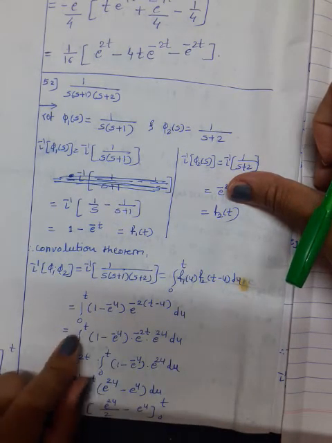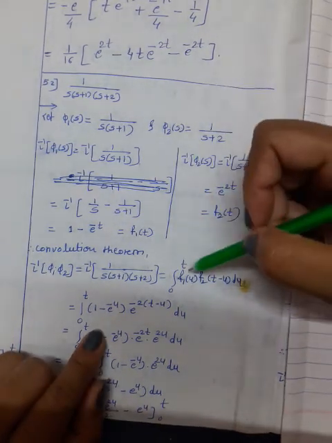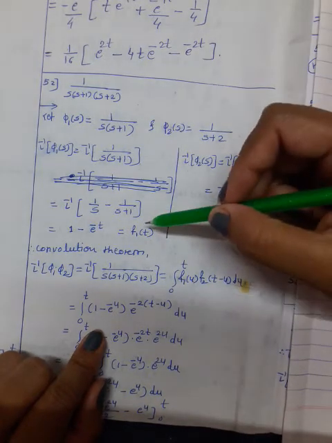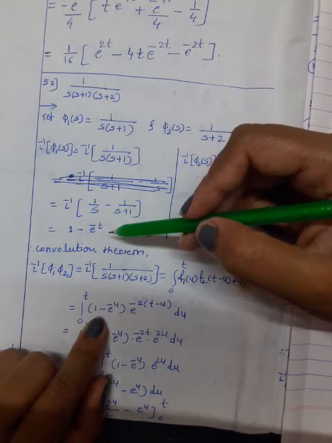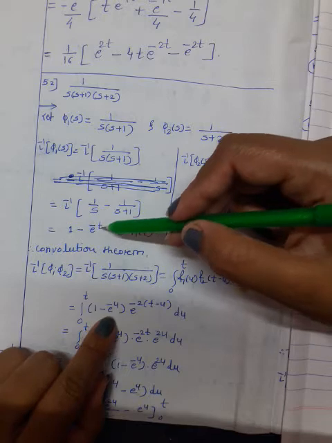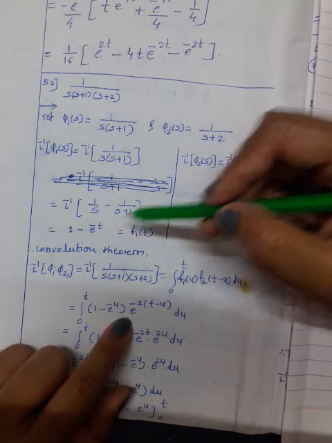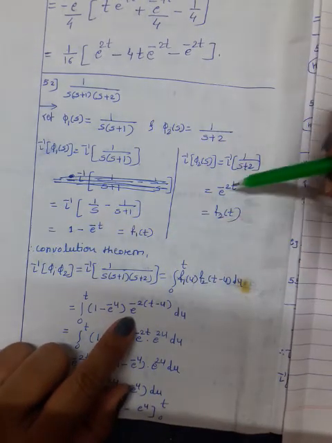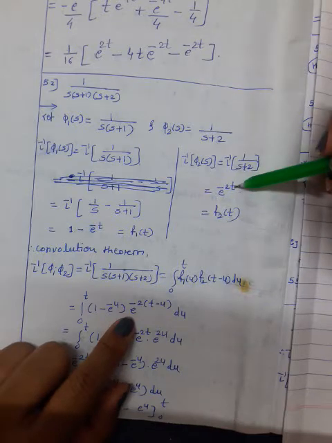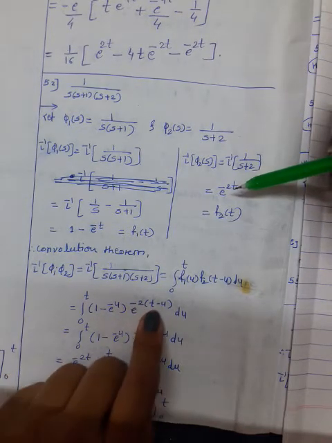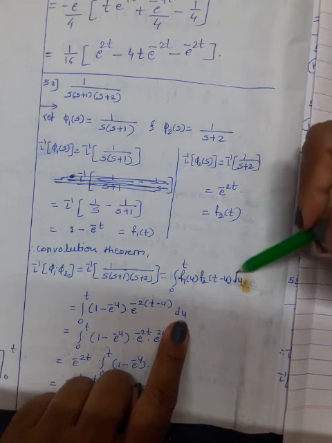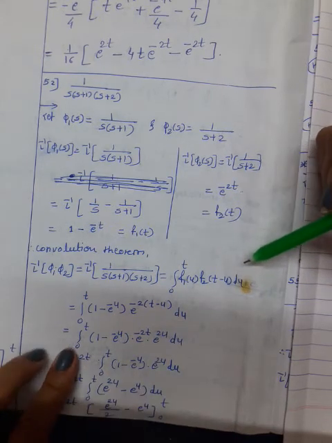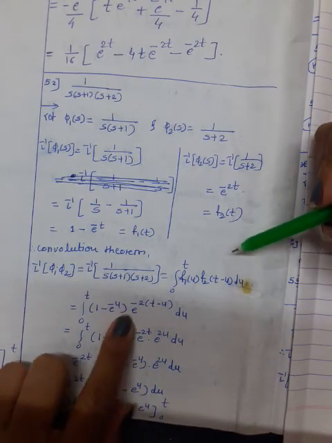Now put the values, integration 0 to t f1(u), f1 is this, put u in place of t here, 1 minus e raised to minus u, this is f1(u), and f2(t minus u) means replace t by t minus u, we get e raised to minus 2(t minus u) du as it is. Okay, therefore now we have to solve this integration.